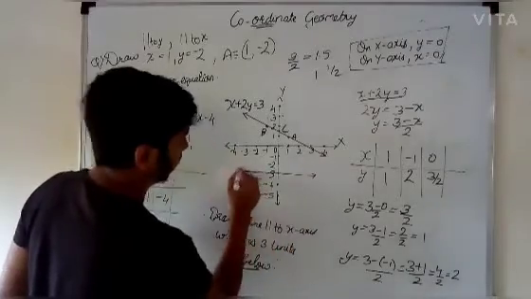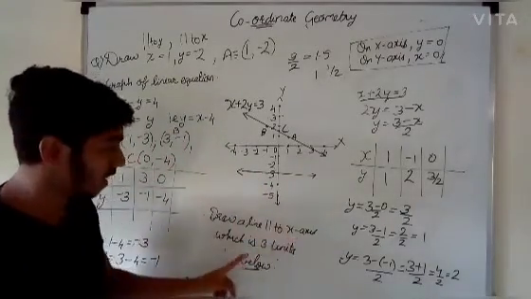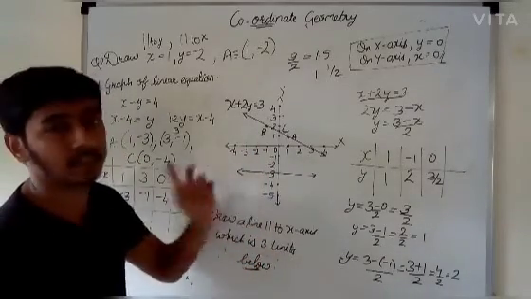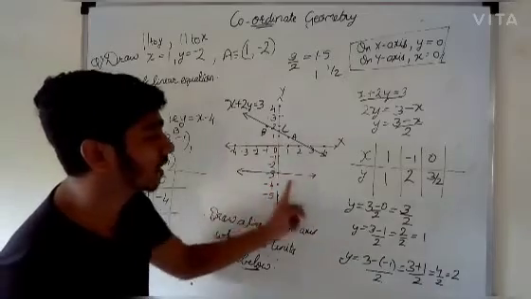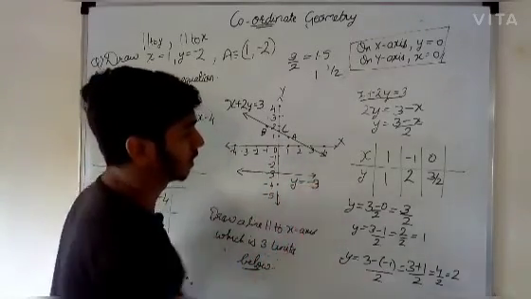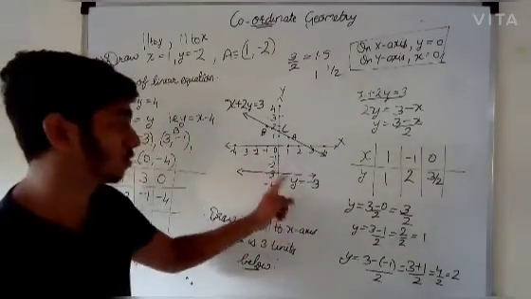So this is our line which is parallel to x-axis and which is 3 units below the x-axis. So can you write the equation for this, which will be y equal to -3. Okay, so this is how you write the equation also for this.